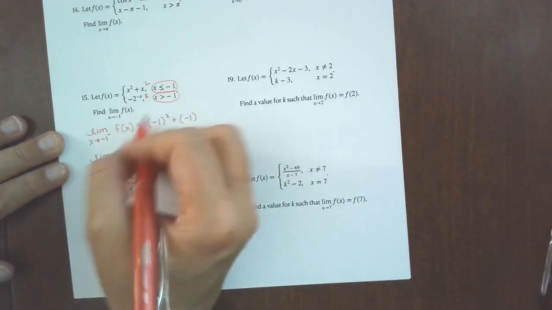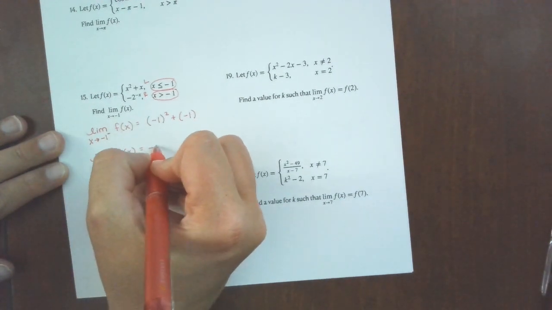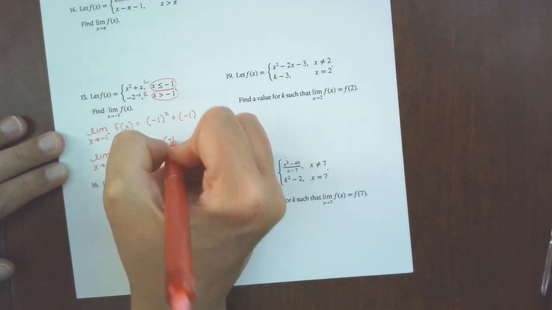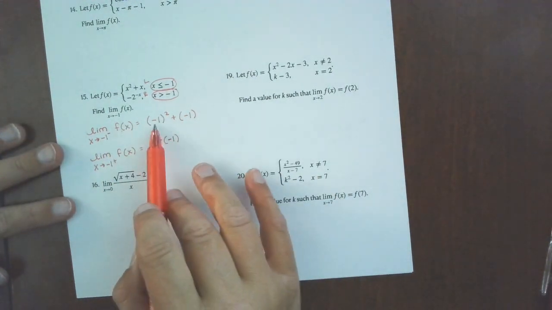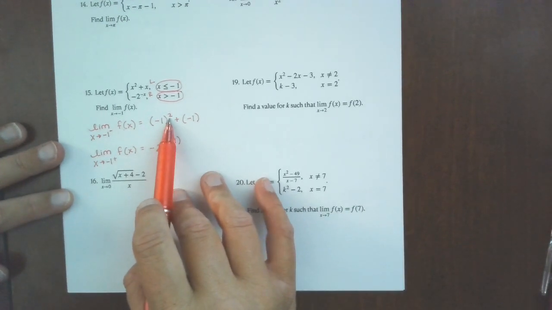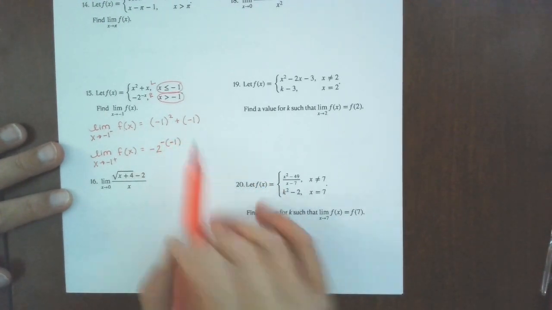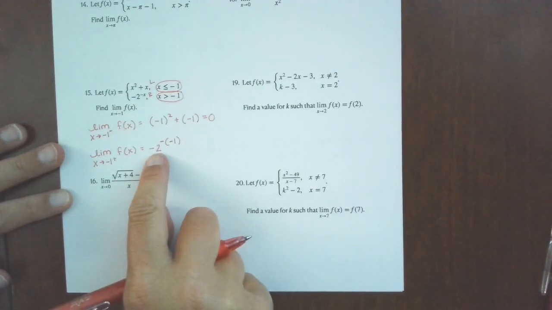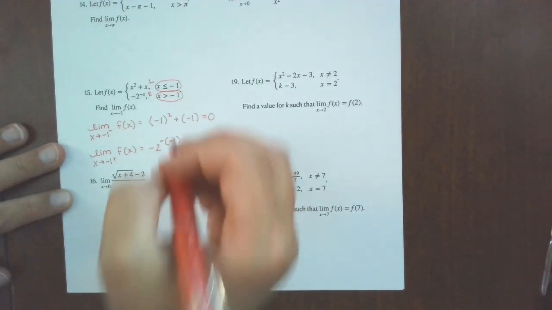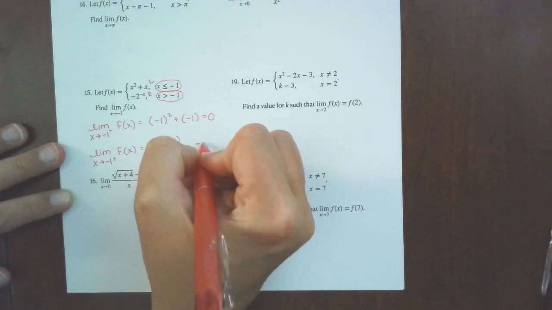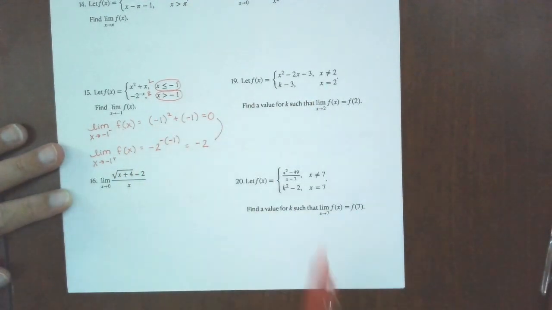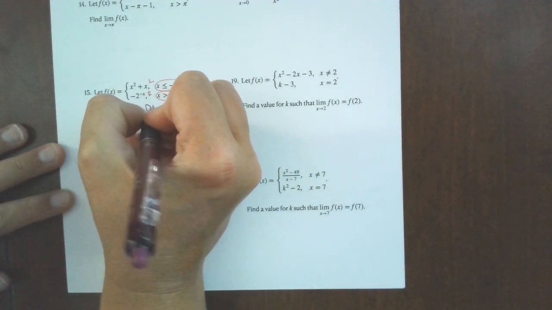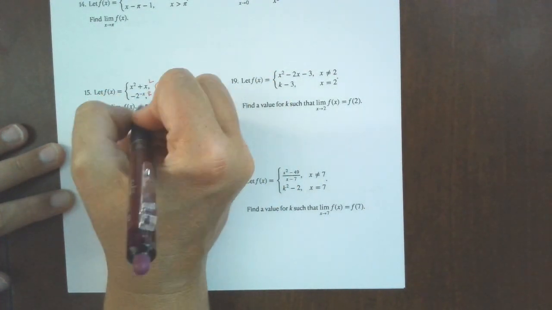Down here, I'm plugging -1 into the right side, so I'm doing -2 to the power of -1. Okay, so -1 squared is +1, plus another negative 1. So this thing's going to come out to be 0. This is really negative 2 to the power of positive 1, which is just negative 2. And so then once again, we've got right side and left side that do not match. So my overall limit here does not exist.